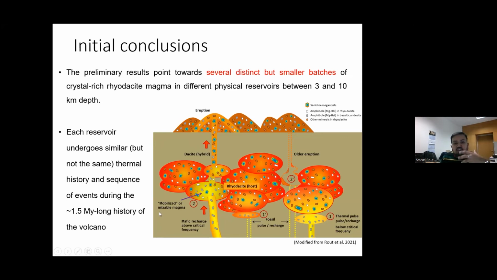And then each reservoir undergoes a similar but not the same thermal history and sequence of events, which is dominated by thermal pulses at particular frequencies, and that continues for the entire 1.5 million years long history of the volcano.